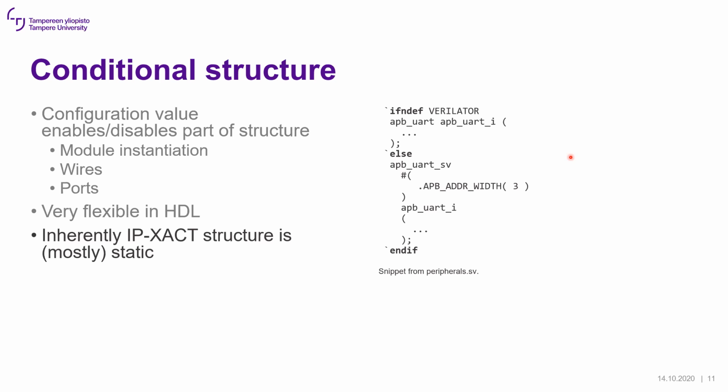But what we can do with the 2014 standard is that most of the elements have this isPresent attribute, which functions such that if the value is false, it is as if the element doesn't exist. So we can enable part of the structure.